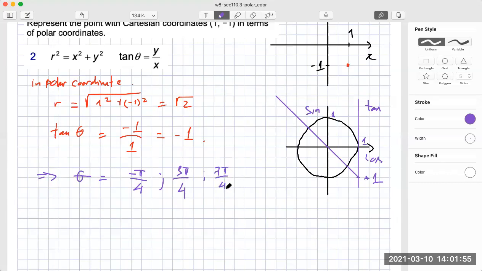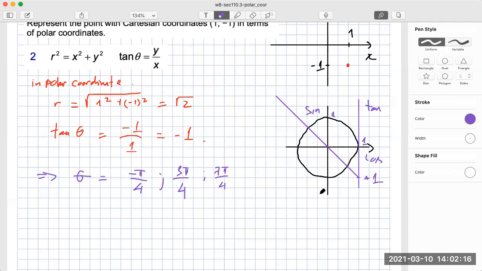So there are many angles theta that could represent it. Depending on what direction, it indicates the direction. Negative pi over 4 means that we go in the negative direction, where the positive direction will go this way.